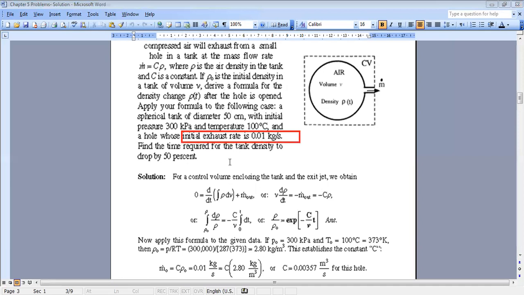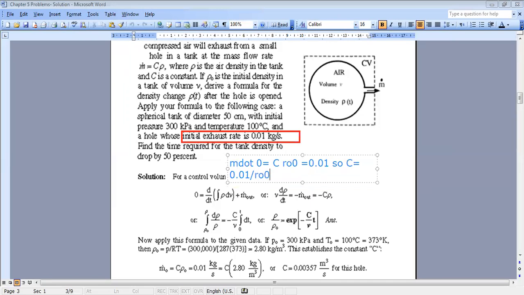So you can say that m dot at time 0, if you replace in your equation, is equal to the constant times rho 0. Once you find rho 0, you can find the constant c, because this is equal to 0.01. So the constant c is equal to 0.01 over rho 0.